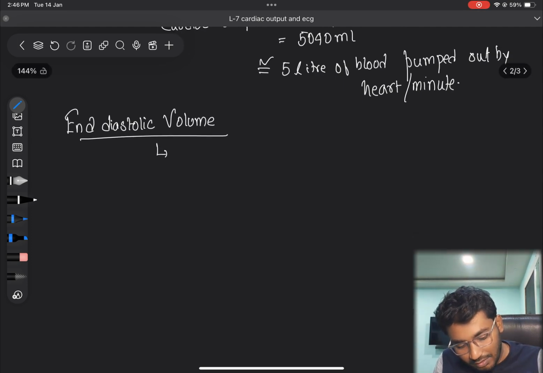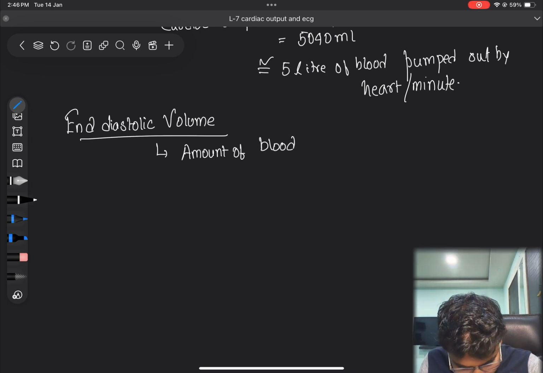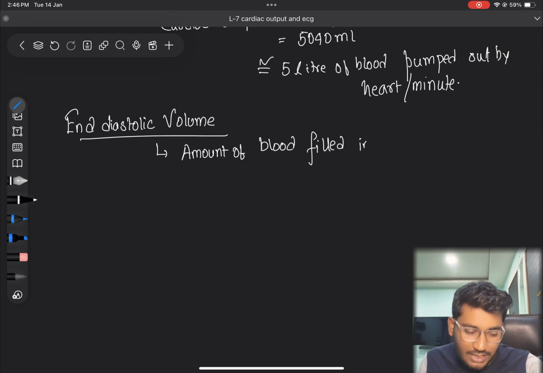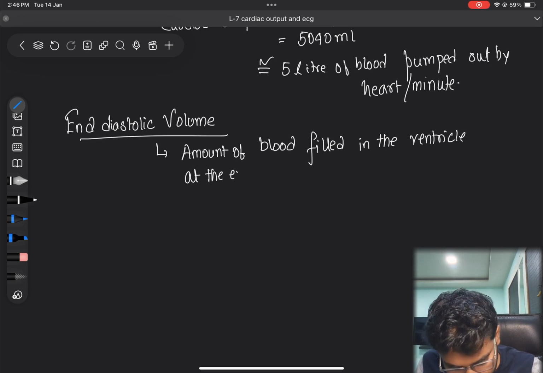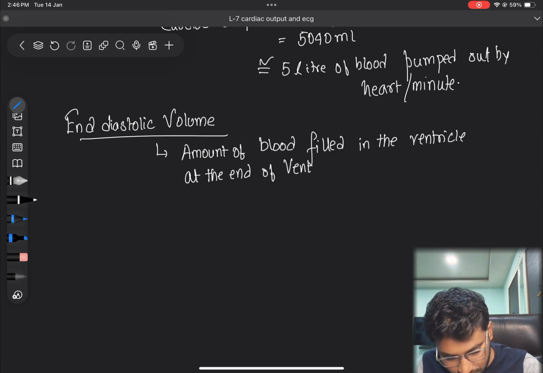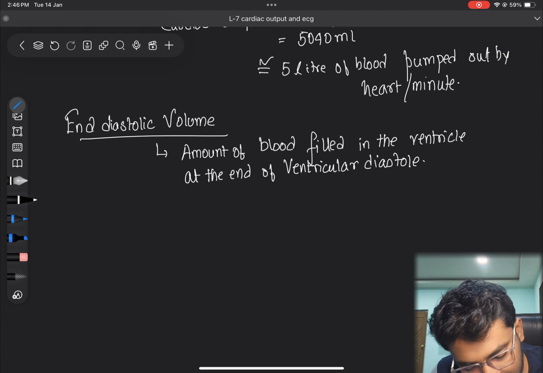The amount of blood filled in the ventricles at the end of ventricular diastole. After ventricular diastole, whatever blood remains in the ventricle is called the end diastolic volume.